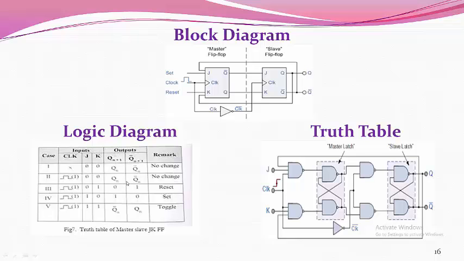Same, whatever function is performed by the JK flip-flop, that same function will be performed in this master-slave flip-flop. This master-slave JK flip-flop is also used for set-reset condition with toggle case. Meaning here also we can store binary value 0, binary value 1, and also we can use this flip-flop for toggle case. This is all about the master-slave JK flip-flop.